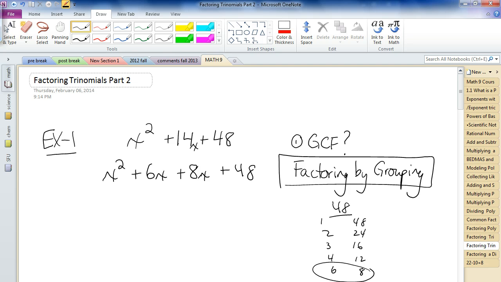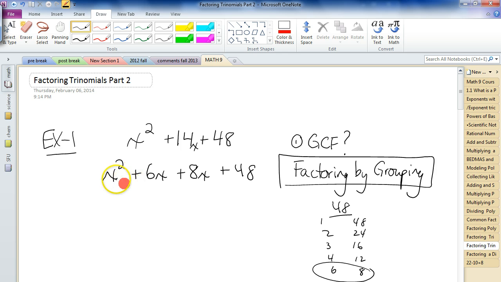Now I factor, greatest common factor. I GCF this. But you think, I can't GCF this. I got an x there, an x there, an x there, but no x there. And you're right, there is nothing I can factor out from all four of these terms. Nothing common to all four of these terms.